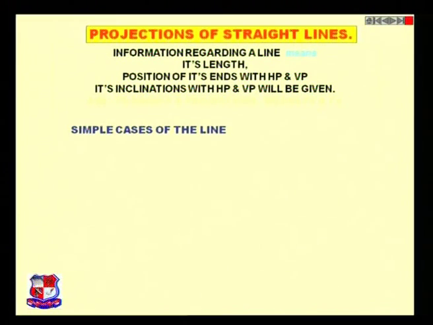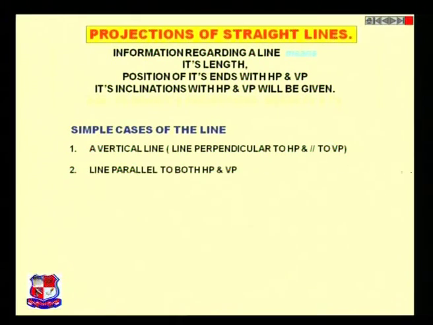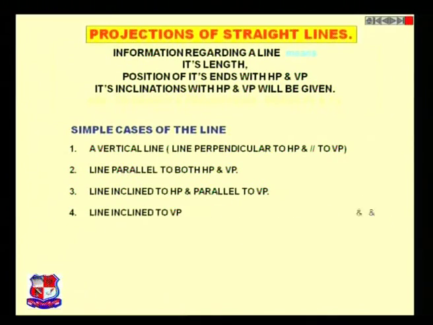First, basic simple cases of the line: how we can track the projections of a straight line. We will consider very basic and very simple cases for the first time. The first problem is a vertical line which is perpendicular to HP but parallel to VP.